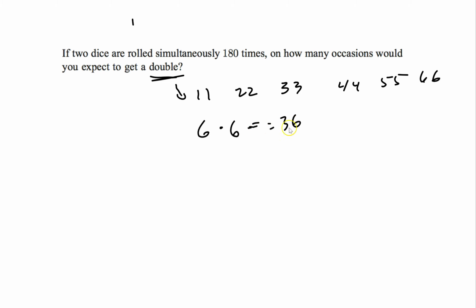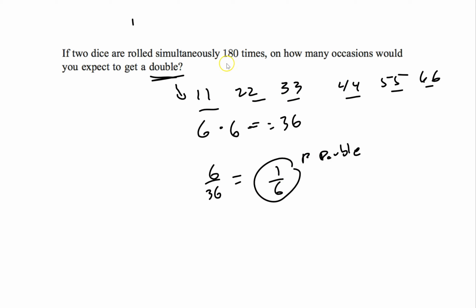And only these 6 give you doubles. So it's 6 out of 36, or a 1 out of 6 probability of getting a double. Your probability is 1 over 6. They're going to roll this 180 times, so your expected value is n times p, or 180 times 1 over 6.